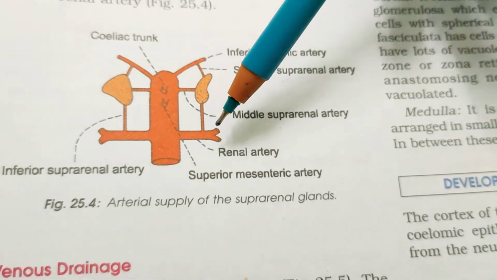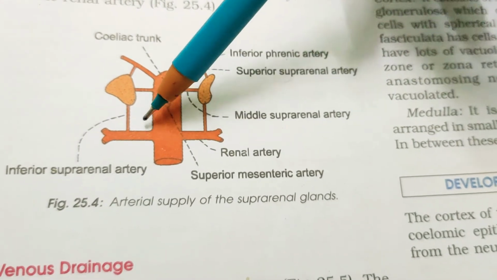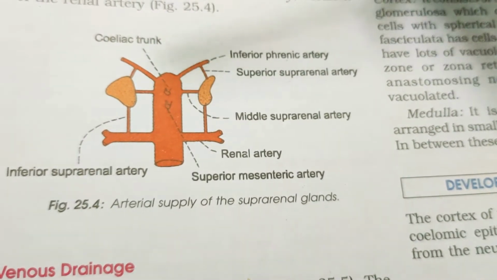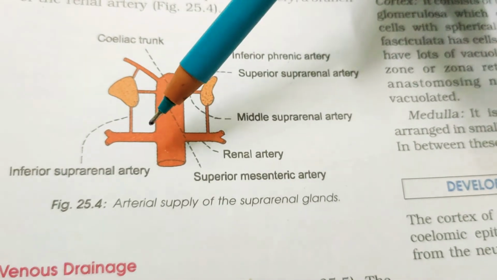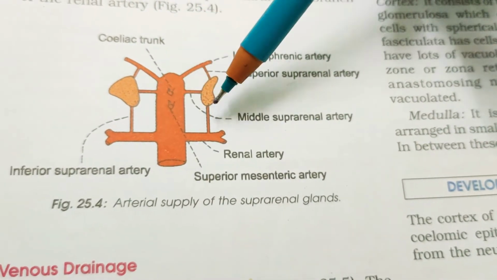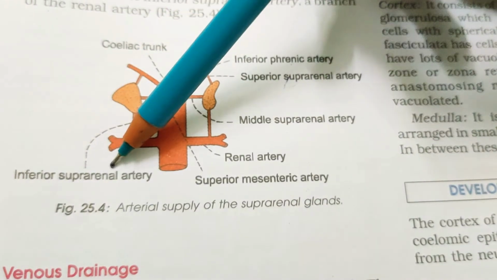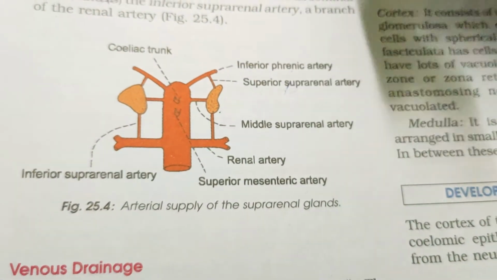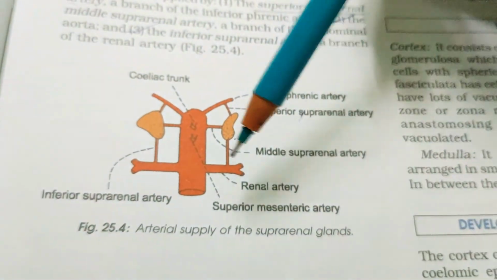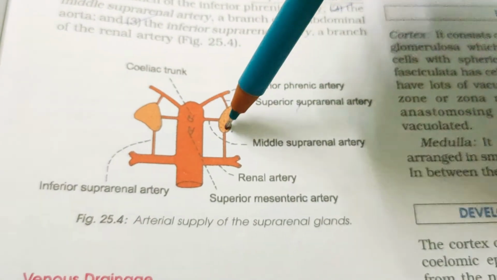And the next one is the inferior suprarenal artery, which is a branch of renal artery. So these three arteries are supplying our gland: superior, inferior, middle. So very easy.